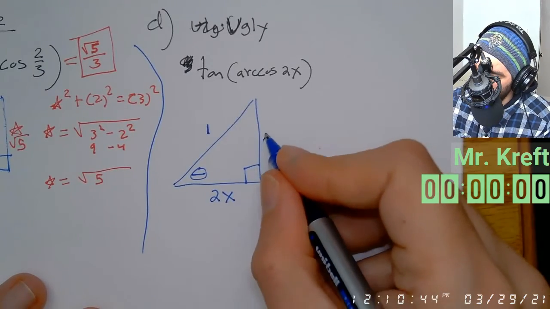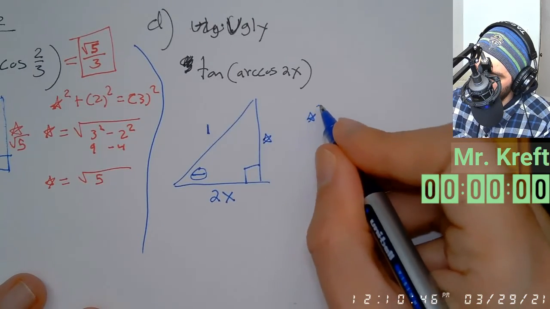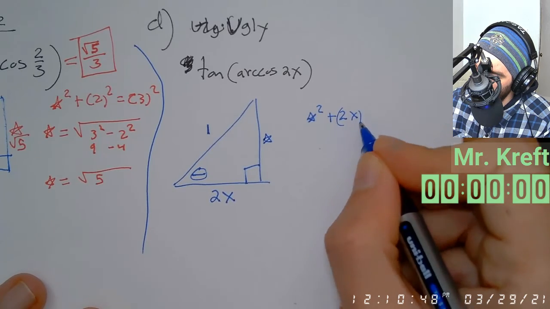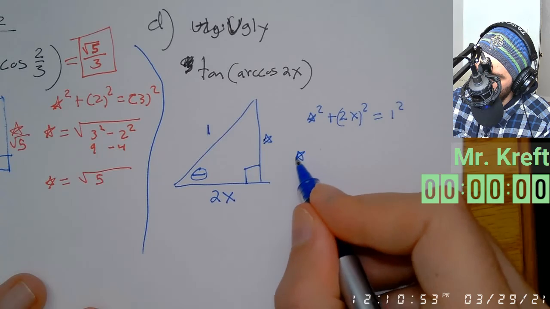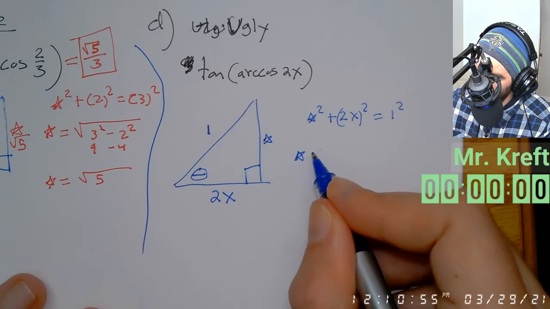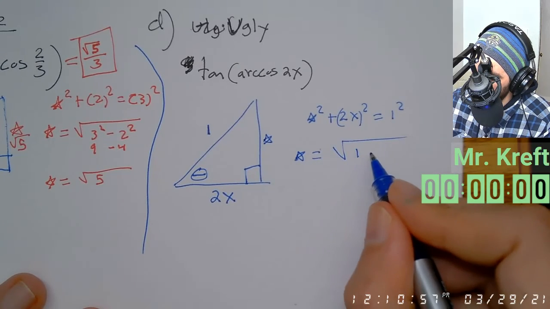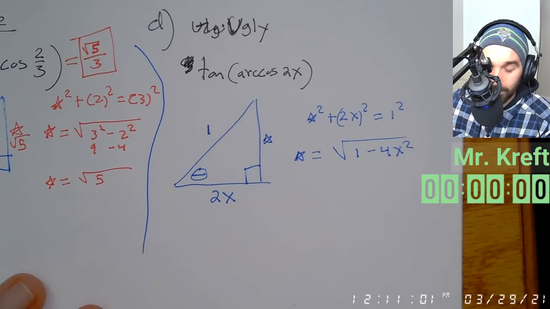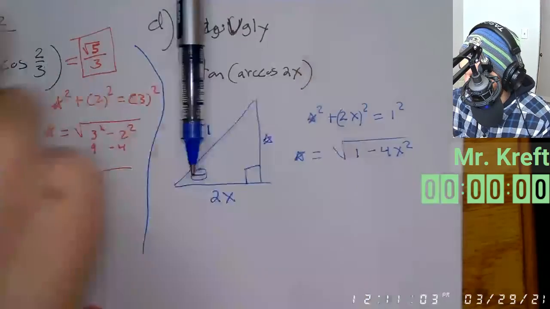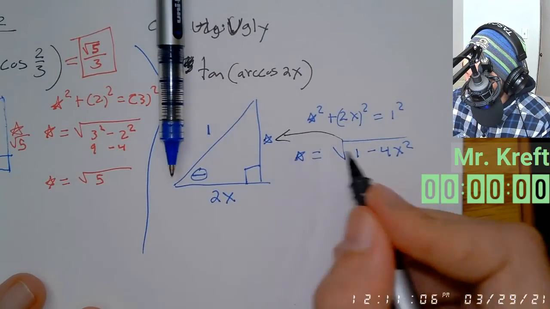And then I have to find the star. So star squared plus the quantity of 2x squared equals 1 squared. So that means that this equals the square root of 1 minus 4x squared.